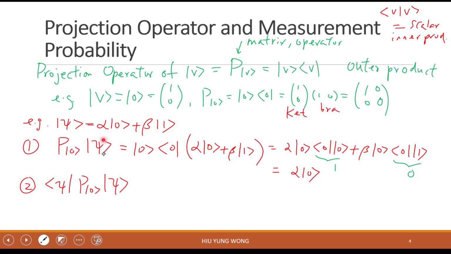Scalar, vector, or matrix? Vector, right? Because matrix times vector. So this is a vector. It's a cat. And what is this? This is a bra. I'm doing an inner product of a bra and a cat, although the cat is actually another cat after some transformation, right?